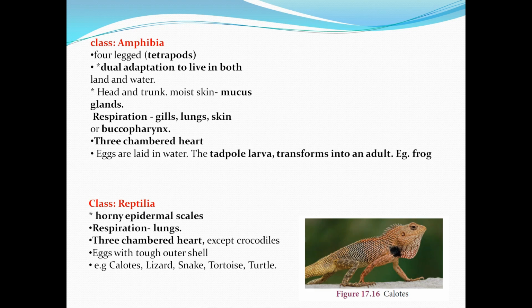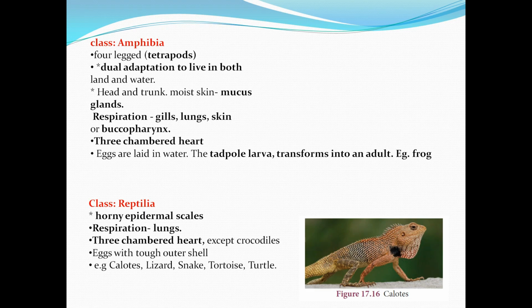They have a three-chambered heart with two auricles and one ventricle. And they lay the eggs in the water, and these eggs will hatch out to form the larval form, the tadpole, and they will transform into adult. Example for this group is frog.